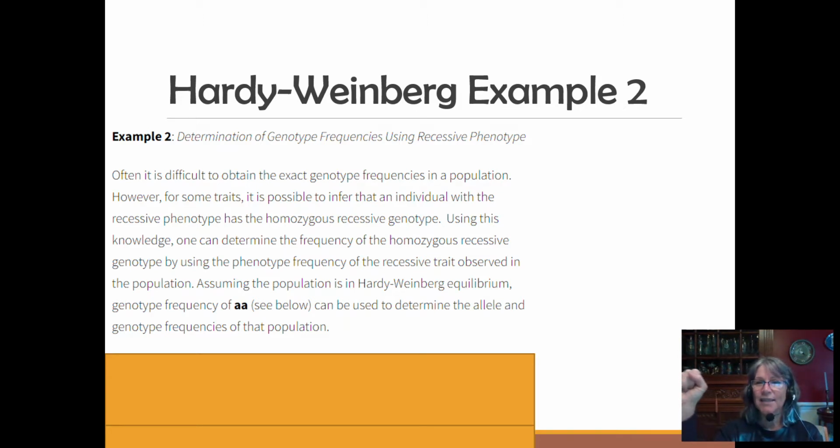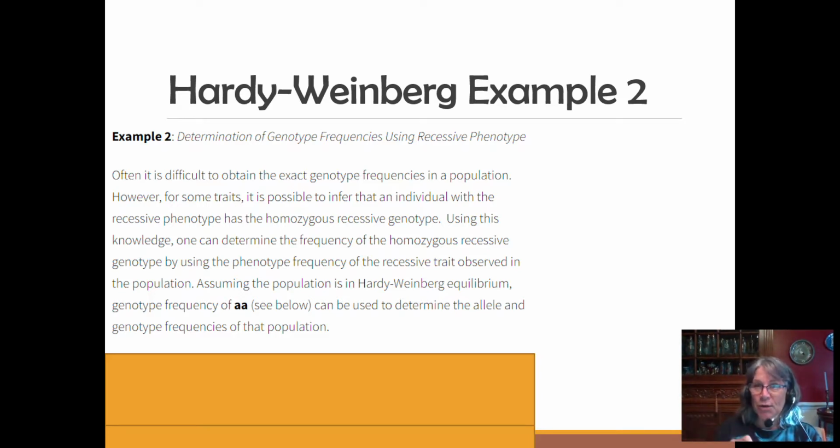The reason is if I have a dominant and recessive phenotype, and my dominant allele masks expression of the recessive, then my homozygote dominant and my heterozygote individuals have the same phenotype. They look alike. So I can't count the number of individuals to figure out my P squared and my 2PQ. My P squared plus 2PQ would be the total that have the dominant phenotype.